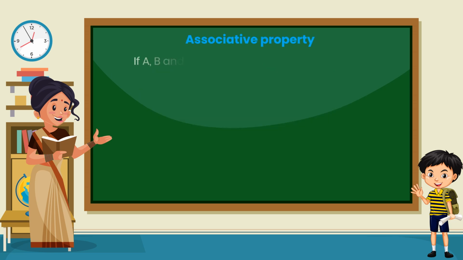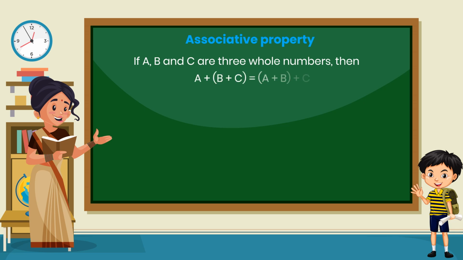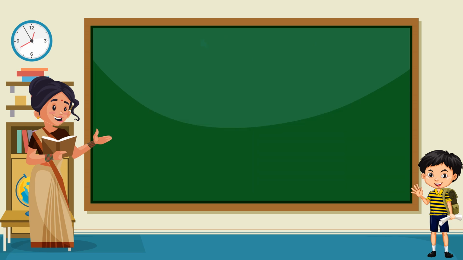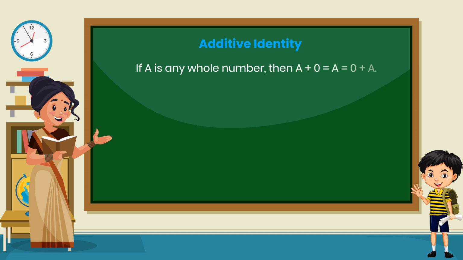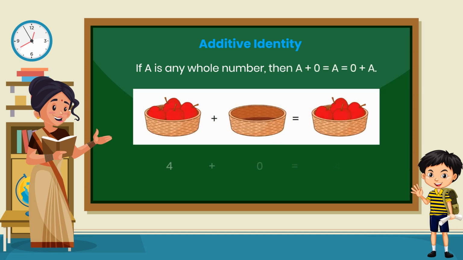If A, B and C are three whole numbers, then A plus (B plus C) equals (A plus B) plus C. Additive identity. If A is any whole number, then A plus 0 equals 0 plus A. 4 plus 0 equals 4.